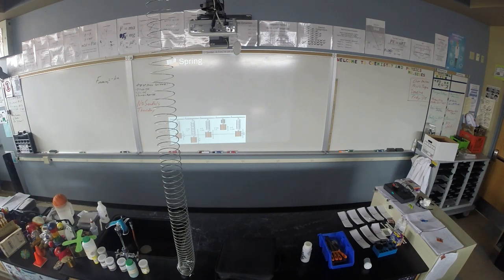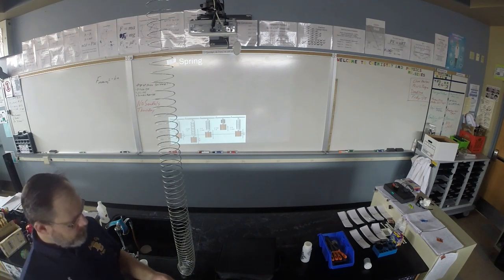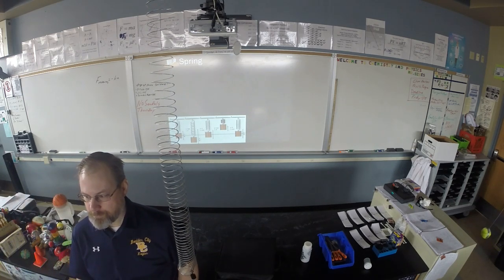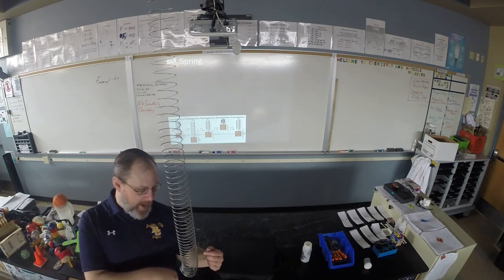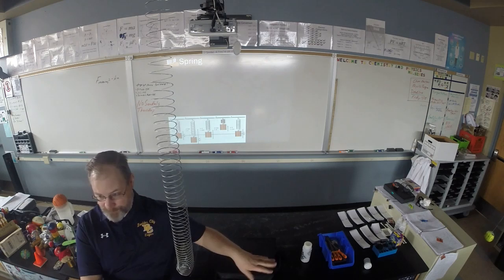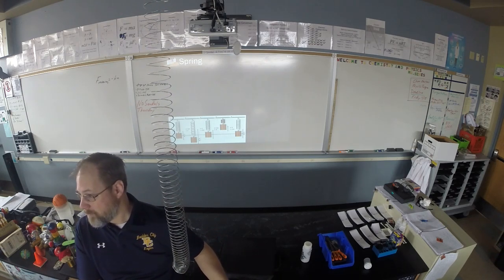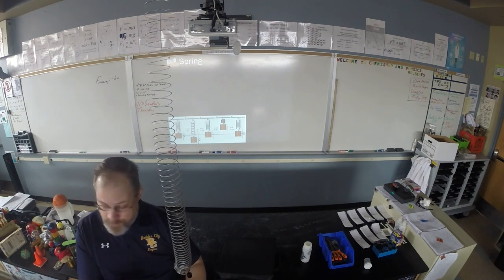So what is the acceleration at the equilibrium point of a spring? 0, right? It's 0 because at the equilibrium point, the downward weight and the upward restoring force are the same. They're just in opposite directions.